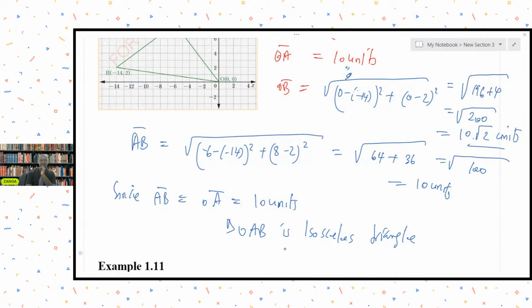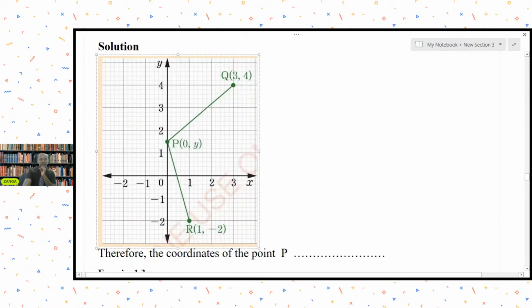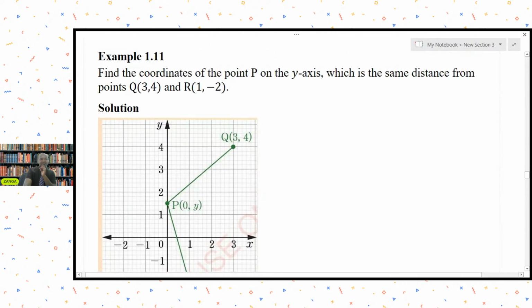So the last example, we can see from the documents: find the coordinate of the point P on the y-axis, which is the same distance from point Q (3,4) and R (1, negative 2).